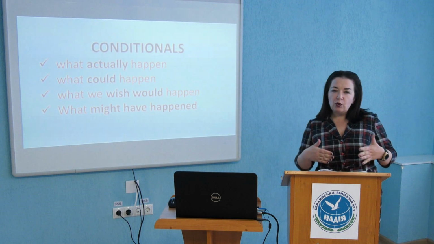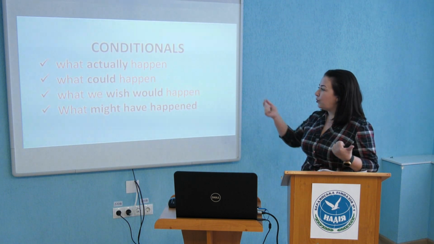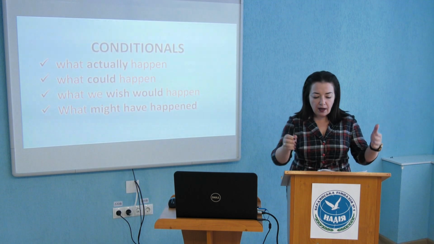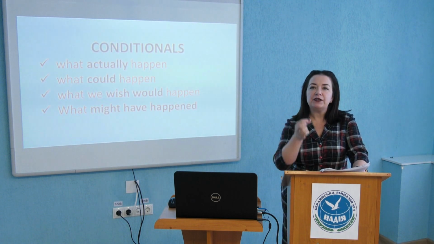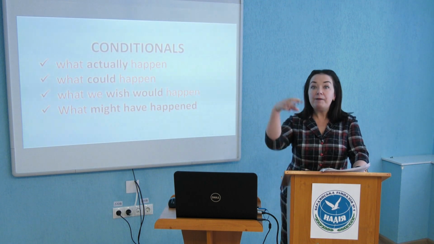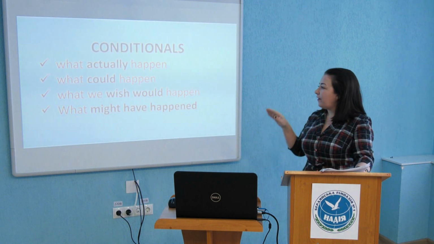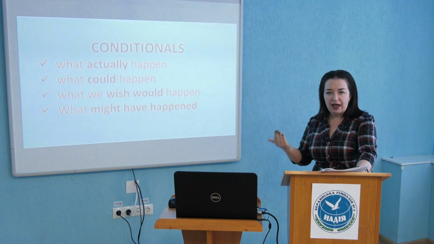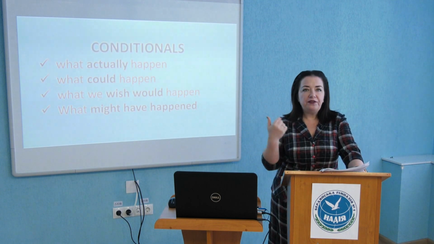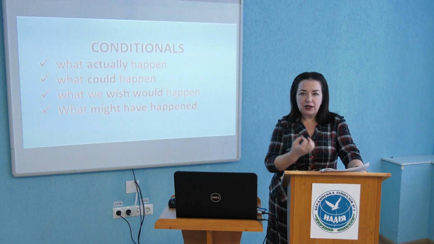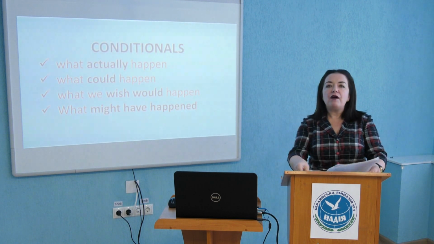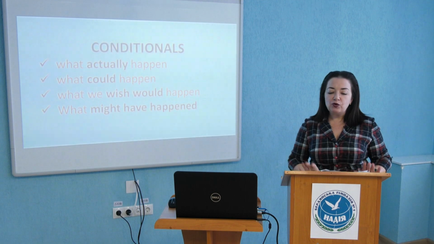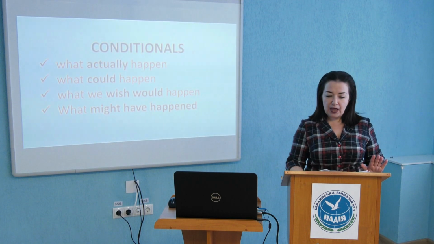And when we talk about what we wish would happen, so to say, imagining a different outcome for our present situation. And finally, what might have happened, so thinking about a different outcome in the past. And now there are 4 different types of conditional sentences.